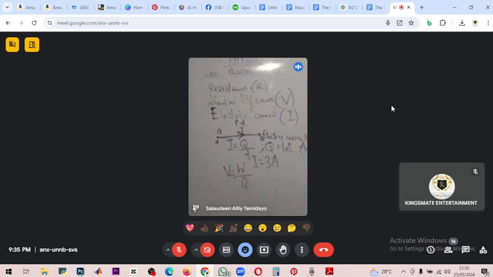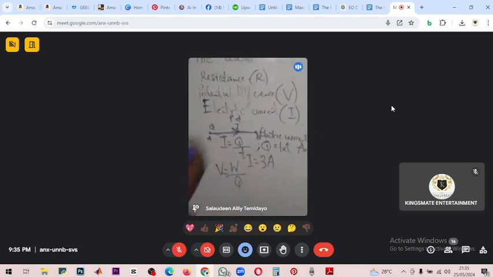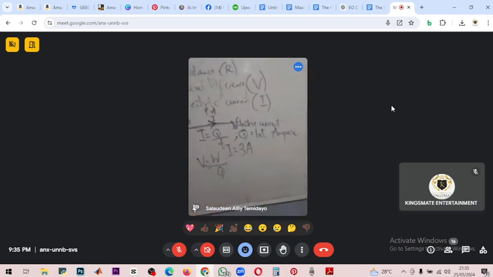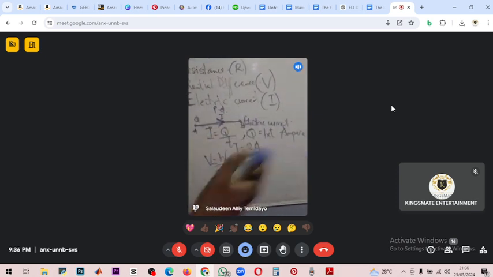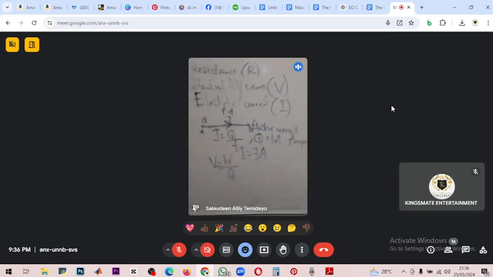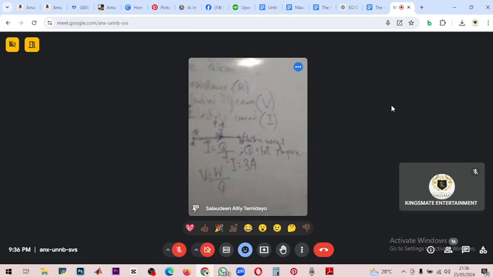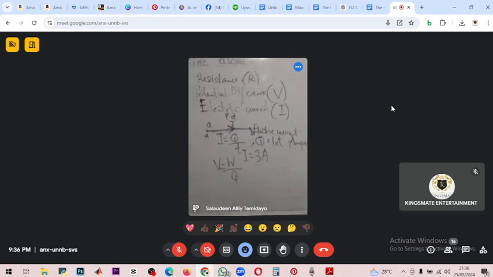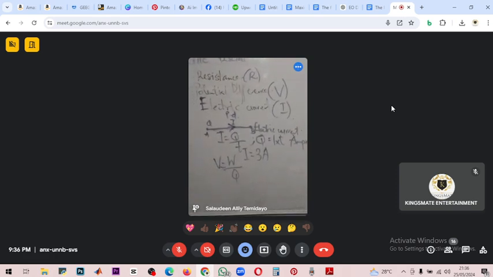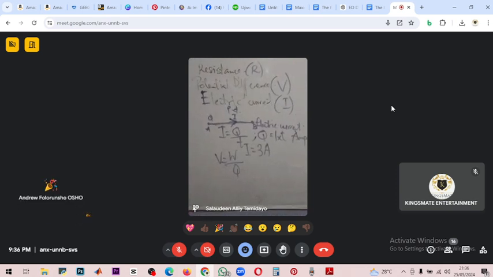So resistance is the opposition to the flow of electric current. The way a platinum wire will conduct electric current is different from the way a copper wire will conduct it. That is why copper wire and silver wire are very common. They are very good conductors of electricity. They have low resistance. Am I making sense? Yes, sir. Yes.